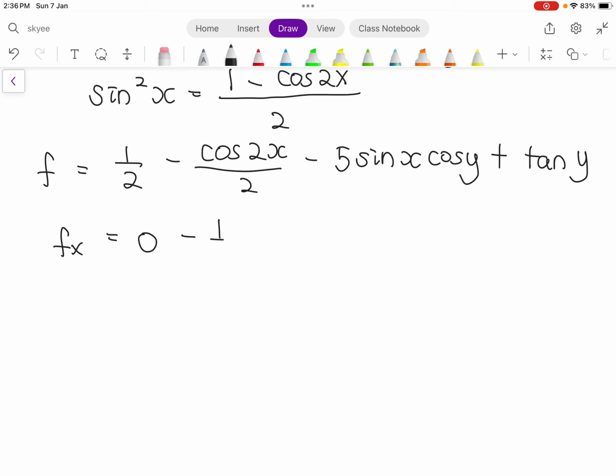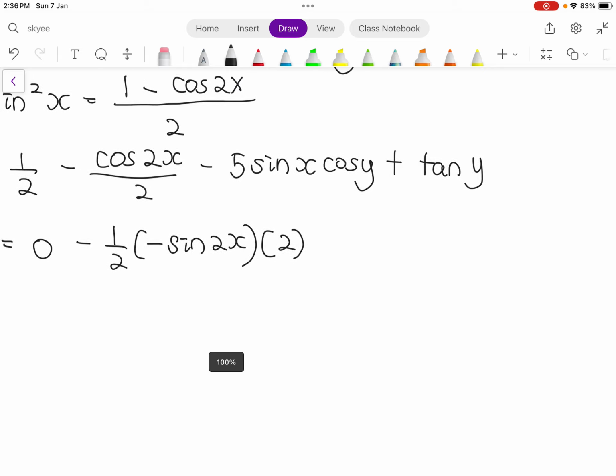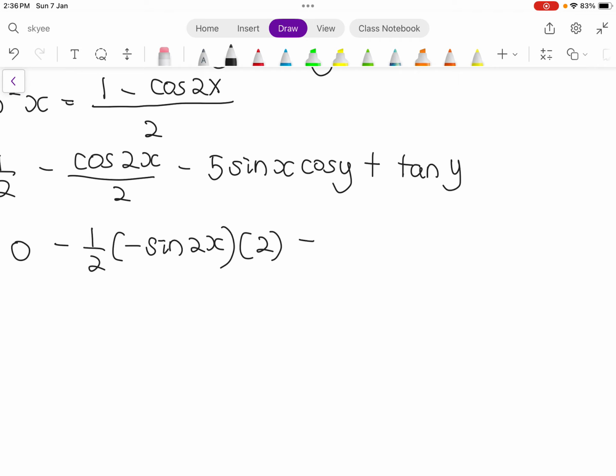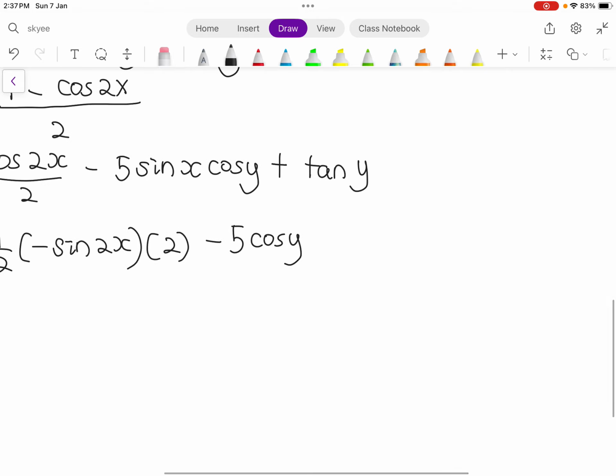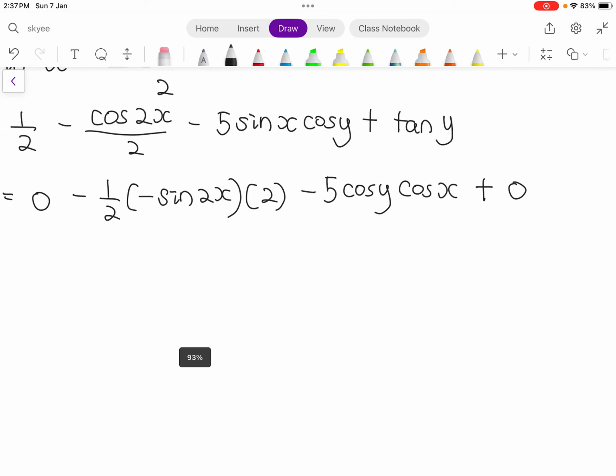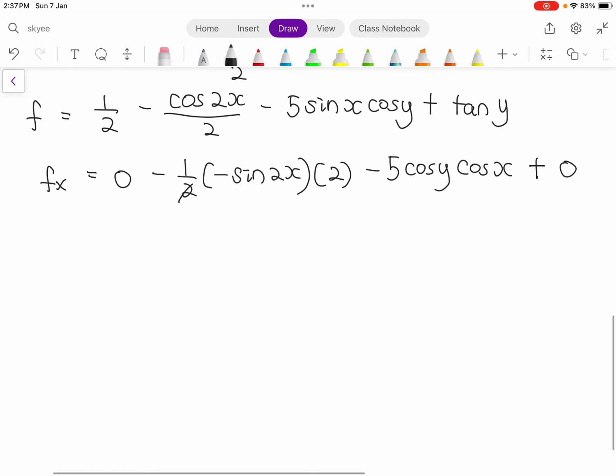This 1 over 2 you can take out, so the cos becomes negative sine 2x, and you have the 2x, so here you have an extra 2. And minus, 5 cos y will be the constant, so you write it out again. Sine x will become cos x, and the tangent y is a constant, so it will become 0. You can cancel this.